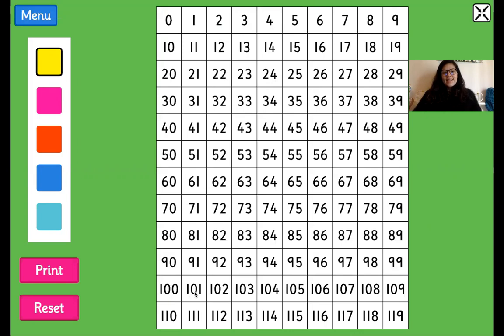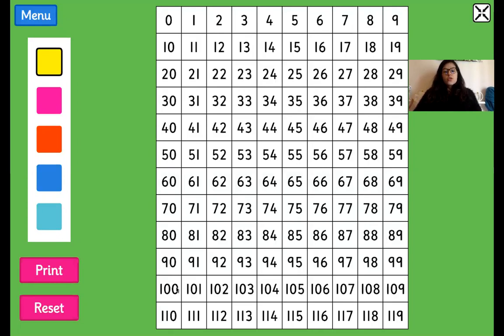It doesn't seem to start with 1, it starts with 0, and it doesn't end at 100. It actually keeps on going till 119. So what we're going to do today is read through our 100 square like we usually do, and we're going to be counting numbers that go past 100.